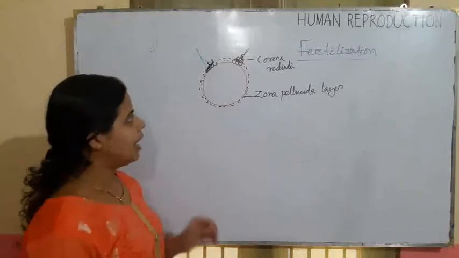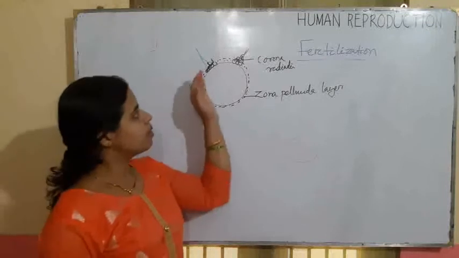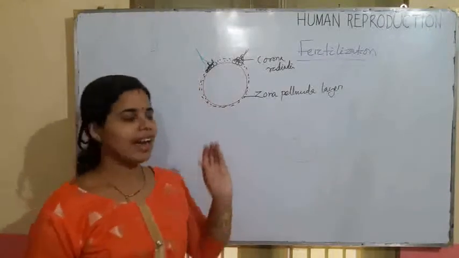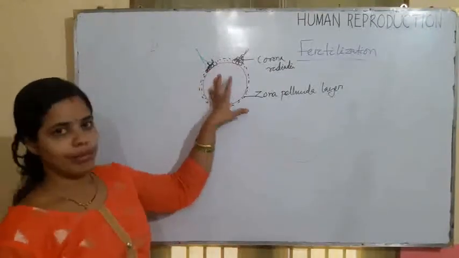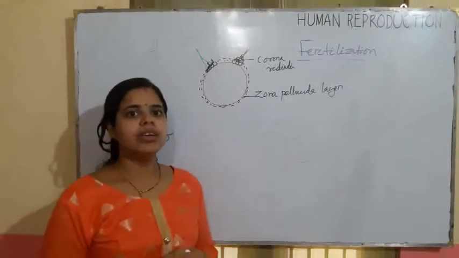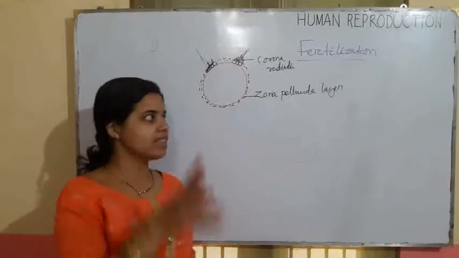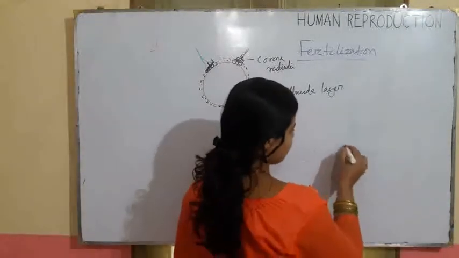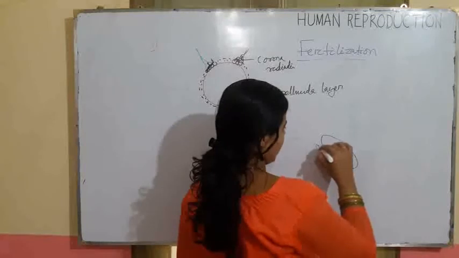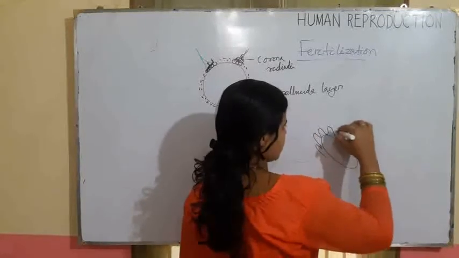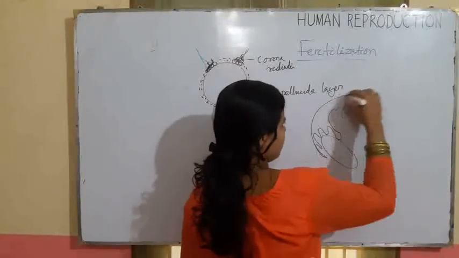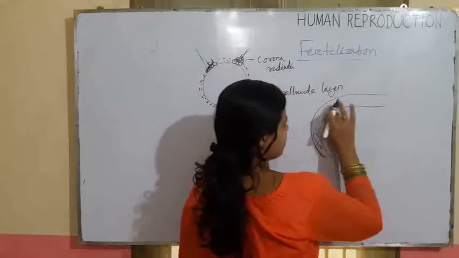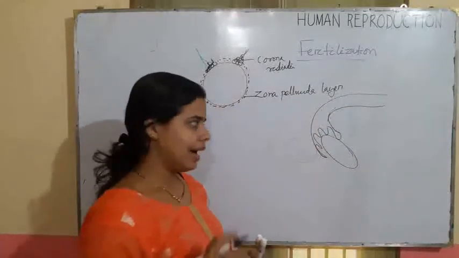Okay, and after that, when sperms try to enter, we know that the ovum is released from the oviduct. Suppose this is the ovary, and it has the finger-like fimbriae and infundibulum, and then the oviduct.